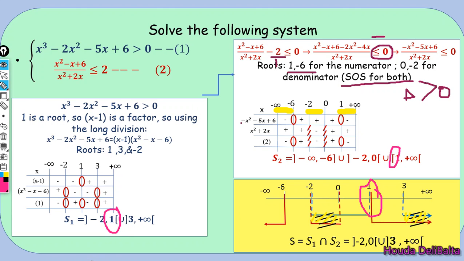So that's why I don't take 1. If this were closed at 1, for example, and here is closed at 1, we would just add the union singleton 1, because both solutions meet at 1 and it's included in both. If this happens, then we add union singleton 1.